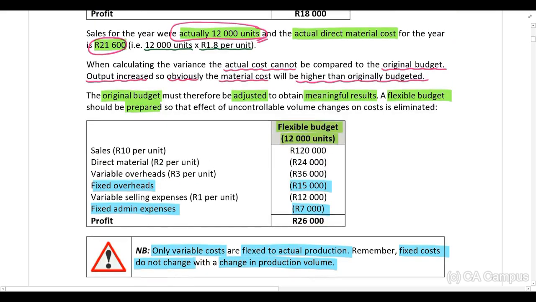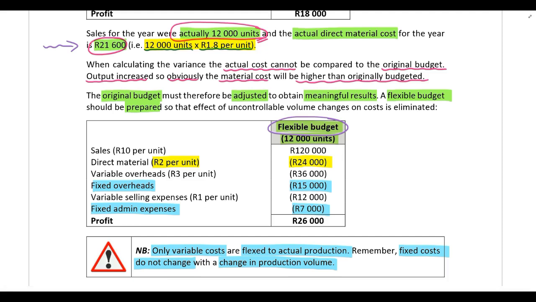When calculating our variances, we will always compare the actual results to the flexible budget. So we are comparing the actual material cost of 21,600 to the cost in the flexible budget of 24,000. So the actual cost is R1.80 per unit multiplied by 12,000 units. And in the flexible budget, it's R2 per unit multiplied by 12,000 units.